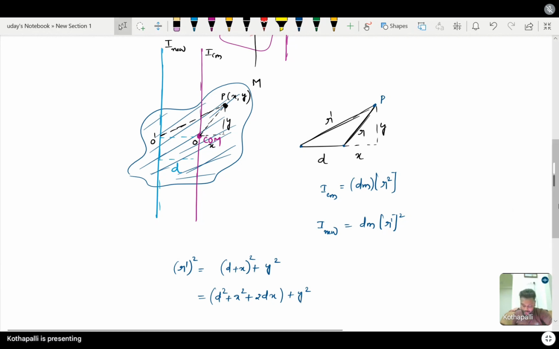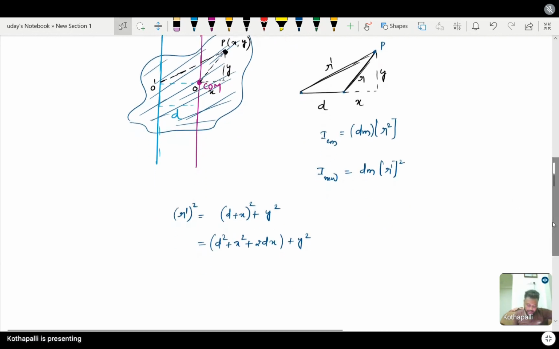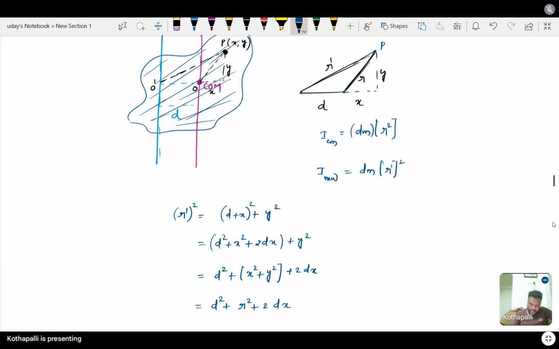Now I'll write separately d square, plus here x square plus y square, plus 2dx. Why I wrote this x square plus y square separately? That is nothing but r square only, no? So I can write d square plus r square plus 2 into d into x. This is r dash square.